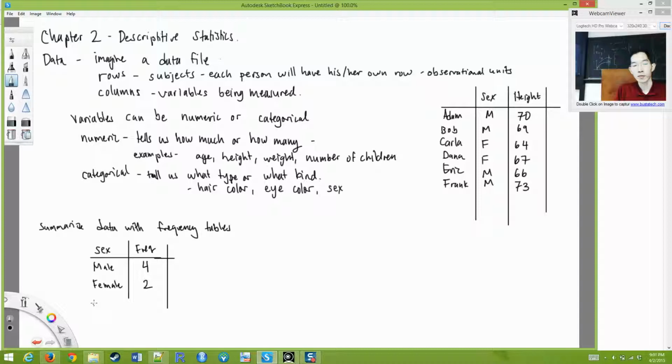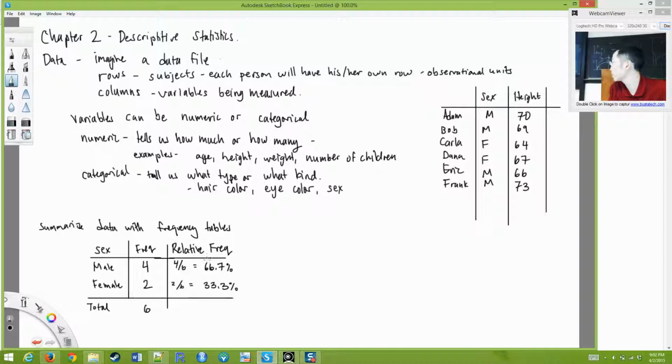Okay? We could add another column that makes it a relative frequency. And all we do is we take the frequency and divide it, and we do 4 over 6 gives us 66.7%. 2 over 6 gives us 33.3%.